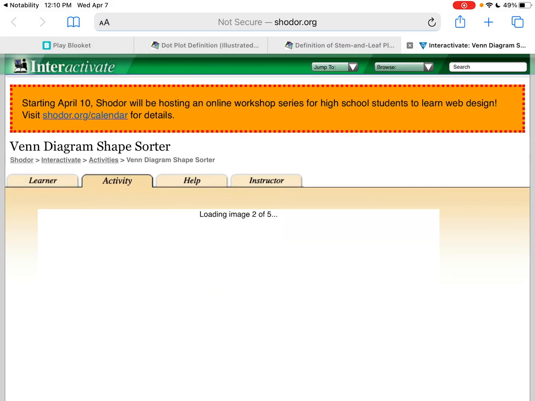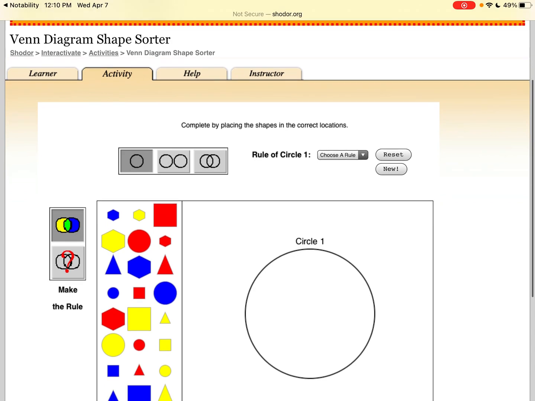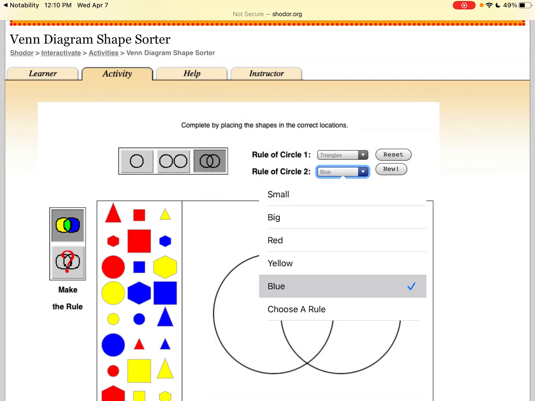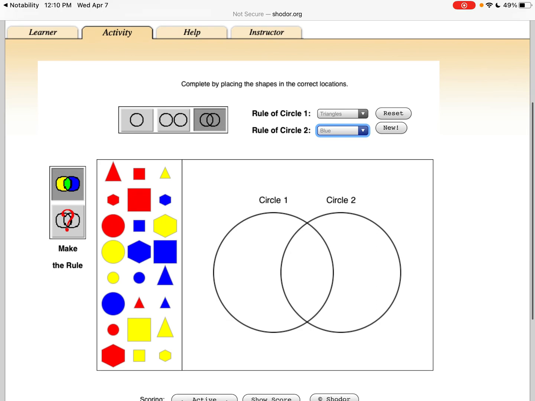So let's go ahead and click this link. It's going to take a little second to load. And then make sure you click the Venn diagram. Our first rule is triangles, and our second rule is blue.